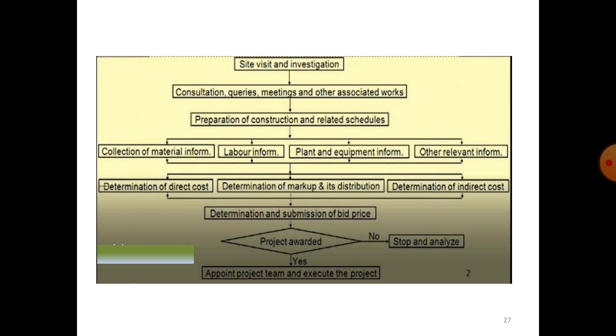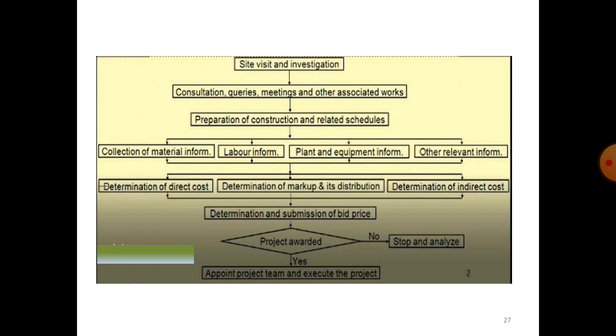The first is collection of material information, second is labor information, third is plant and equipment information, and fourth is other relevant information. All these four types of information are collected and a document is prepared, and from all the collected data the schedule is prepared.